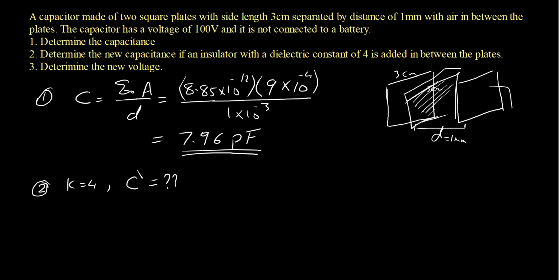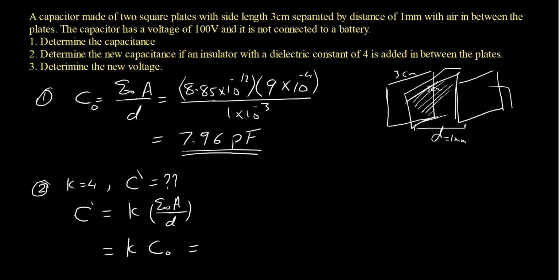All right, so I could say C dash, or I can say C_d to represent dielectric. It's up to you how you present that value. Now, we know that the capacitance with the dielectric can be written as kappa multiplied with the original C naught, the original capacitance.